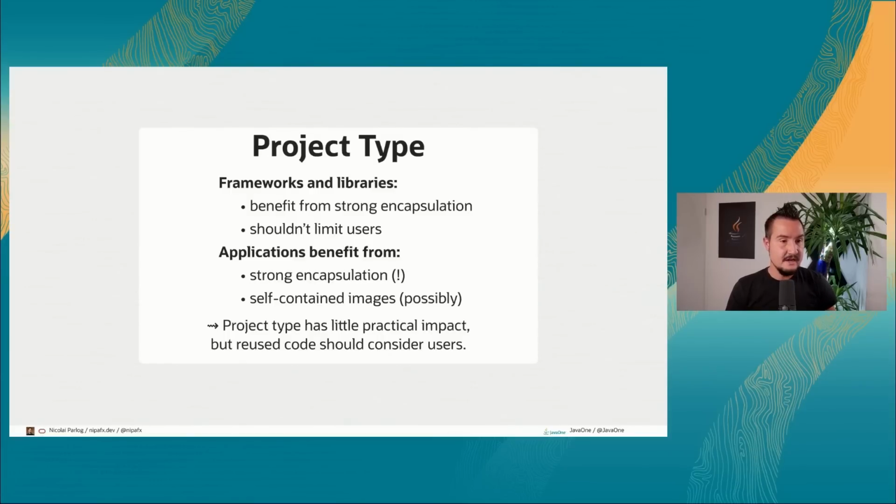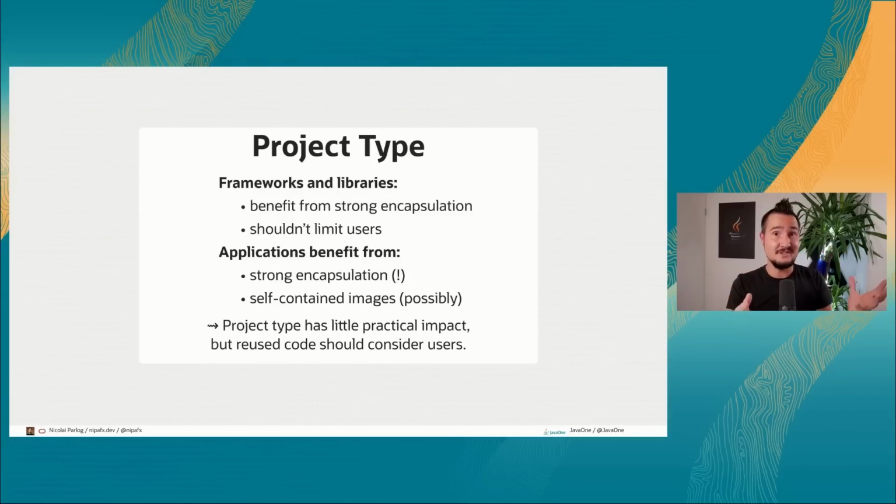Now, the interesting bit is, if you look at applications, you could easily say, well, strong encapsulation isn't important. They're the end user. They're not providing code for somebody else. But I would strongly disagree. Somebody else is, if nobody else, it's me in 6 months. So if I write code now and I have to consume that code in 6 months, I will have forgotten basically everything that I thought about now. All the ideas that I had about this is the API and this is just part of the internal implementation. This is the reason why I need this dependency.